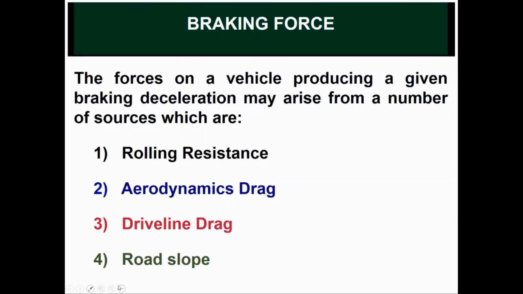Yang source kecil-kecil tu kita boleh tengok kemudian lah. So these are the four primary sources that contribute to the deceleration. Okay. So there are four: rolling resistance, aerodynamics drag, driveline drag, and road slope.